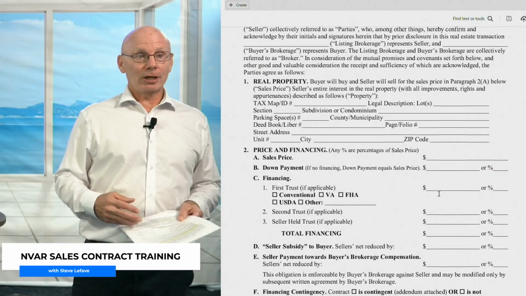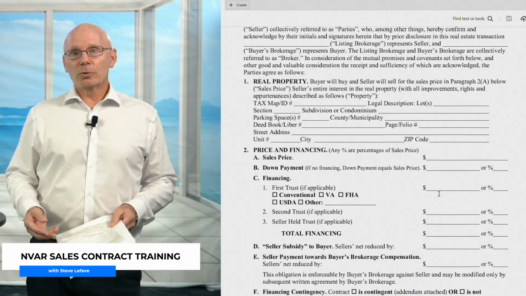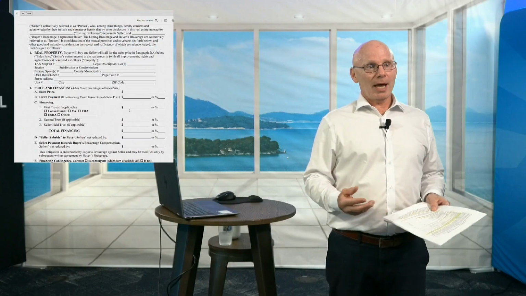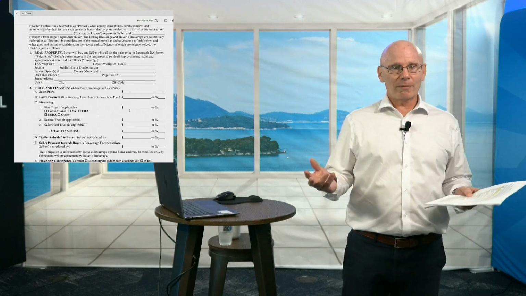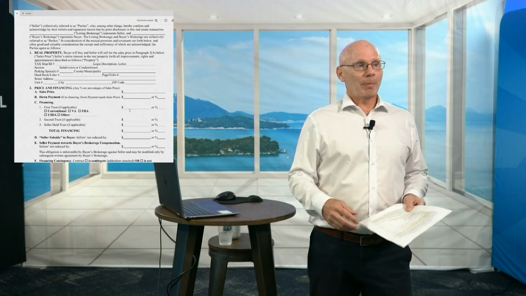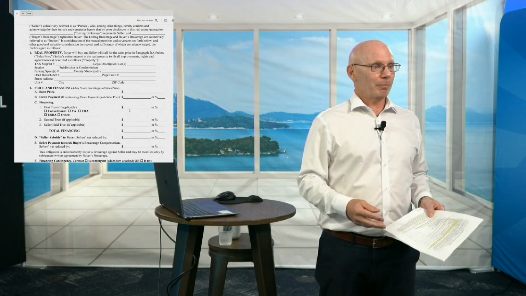The buyer could need a 1% seller subsidy, or maybe you call the listing agent and they say, hey, we're offering 2.5% or 3%, whatever that number is. And your buyer agency agreement is only for 1.5%.